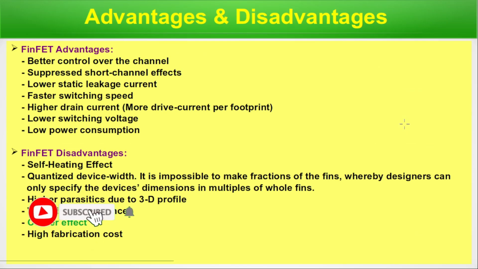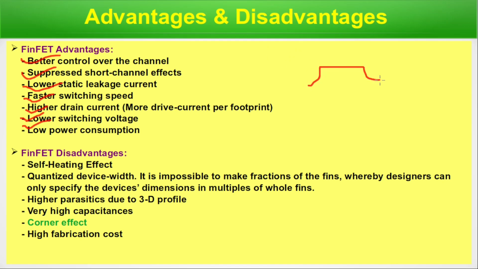Now advantages and disadvantages. FinFET advantages: obviously better control over the channel, suppressed short channel effect, lower static leakage current, faster switching speed, higher drain current, more drive current per footprint, and now lower switching voltage, low power consumption. Gate control is better. We know gate is wrapped either from 2 sides or from 3 sides. In case of MOSFET, only we could use this part of the silicon.